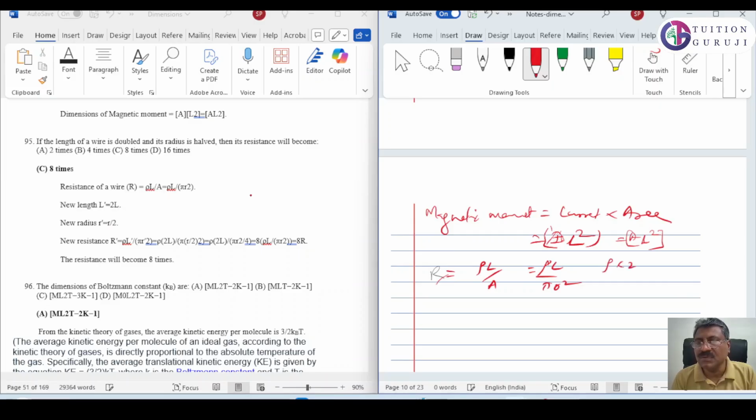Length doubled means ρ into 2L, divided by π into (R by 2) the whole square, since the radius is halved. That is 2ρL divided by πR² by 4, so it is 8ρL by πR². That means the resistance will be increased by 8 times.